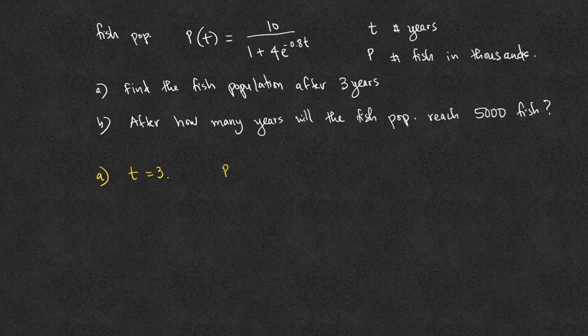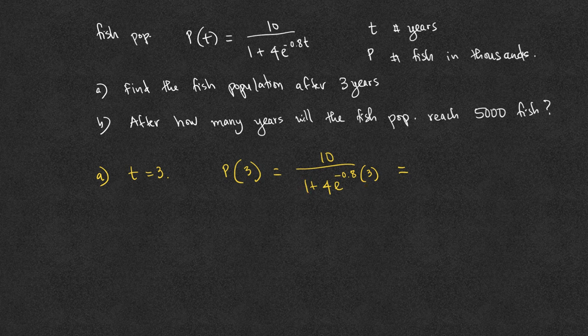We simply plug in 3 for t. This is 10 over 1 plus 4 e to the negative 0.8 times 3, and then put it in a calculator. Make sure we take care of the denominator properly, because if we were to input this expression into a calculator and type 10 divided by 1 plus 4 e to the negative 0.8 times 3, there are so many booby traps here.